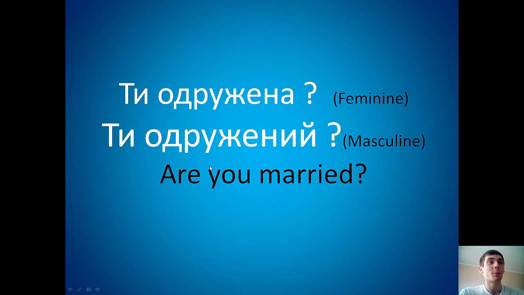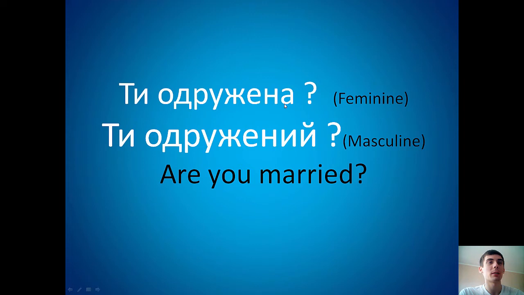Let's move on. One more question which you might want to ask. And pay attention to the endings. So when you want to ask this question, are you married, to a woman or to a girl, you're going to ask ти одружена.